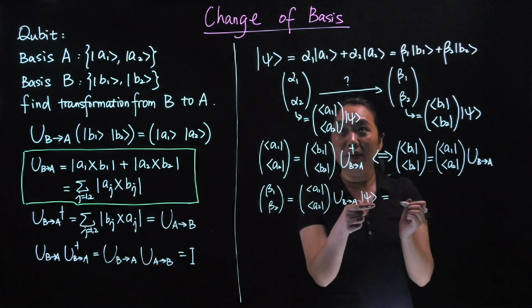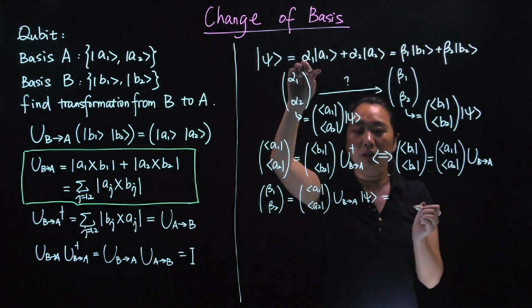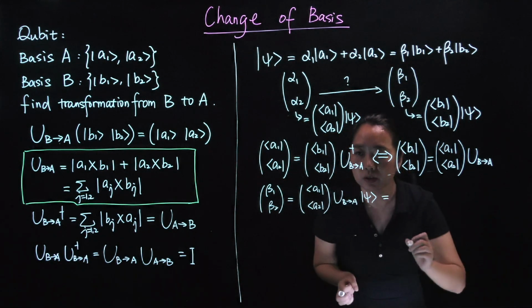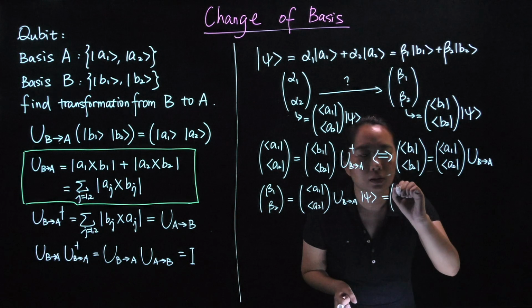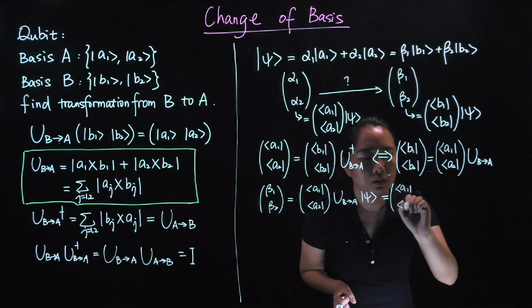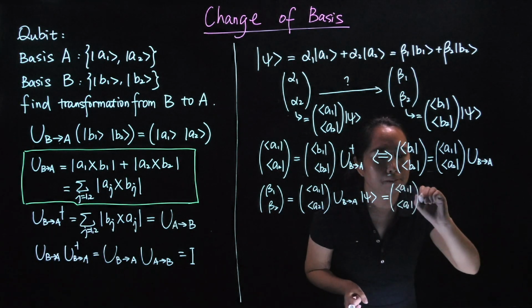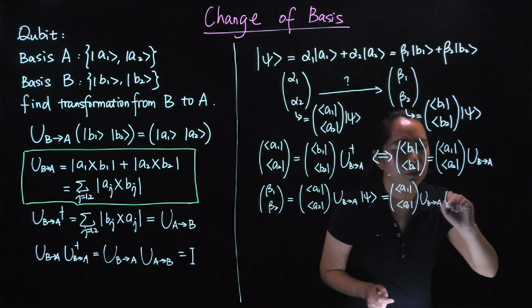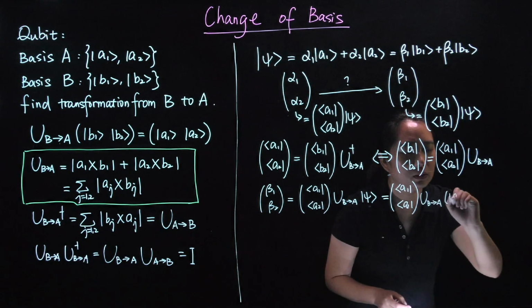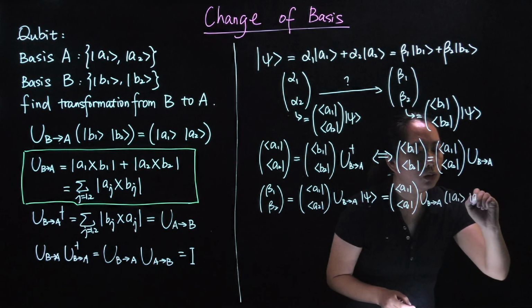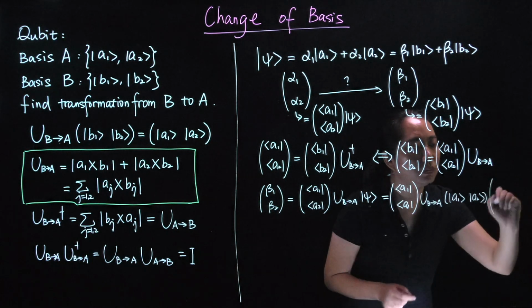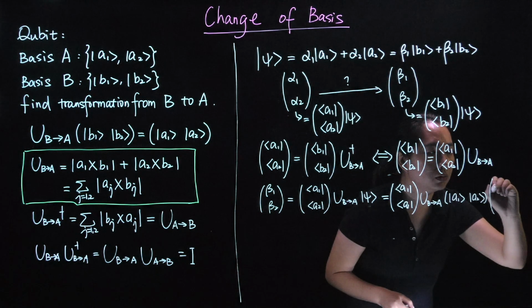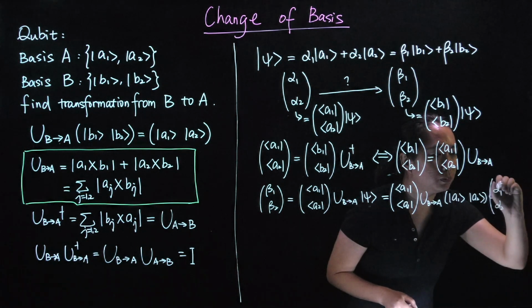We know that state psi is actually given by the row of kets multiplied by the column of coefficients. So this is the row of kets A1, A2 multiplied by the column of the coefficients alpha 1 and alpha 2.